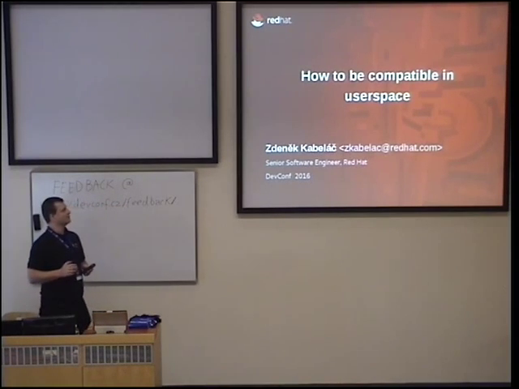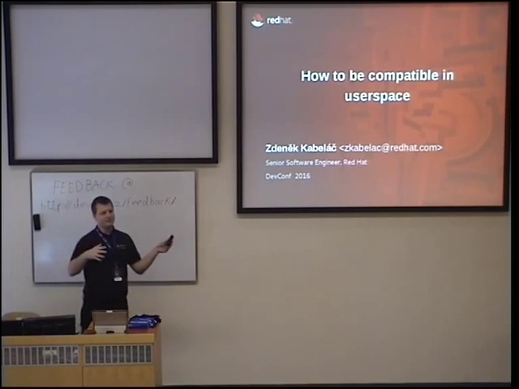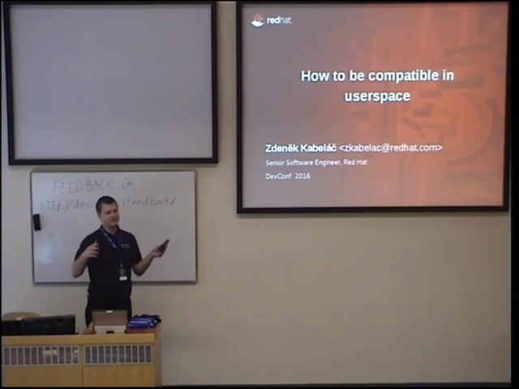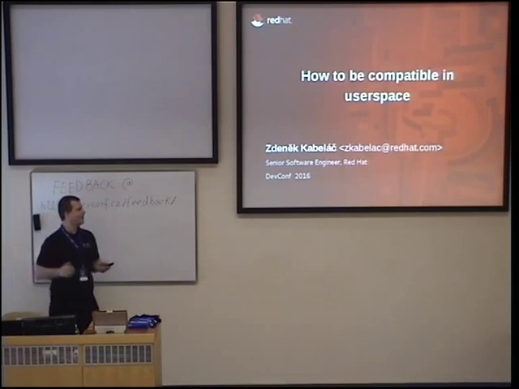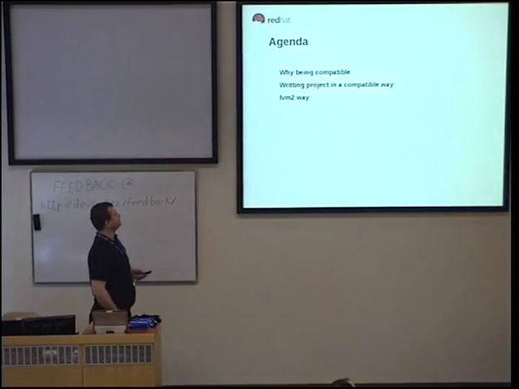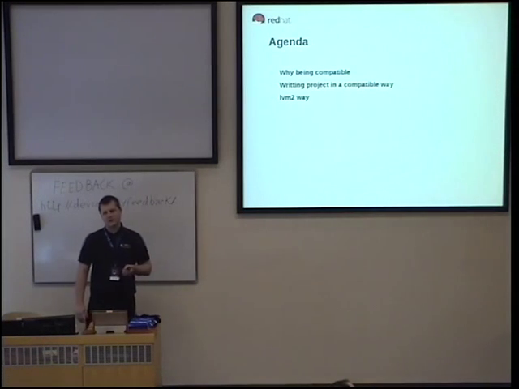So what is my talk going to be about? I think everyone knows that the Linux kernel is compatible forever. So the API from the kernel space is kept forever compatible, and you can rely on it. The problem is that in user space, it doesn't apply at all. So what will we talk about?